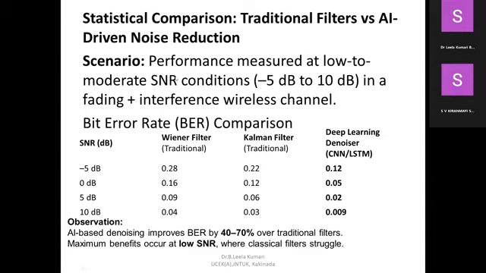So here, the performance is measured at low to moderate signal to noise ratio conditions, from minus 5 dB to 10 dB in a fading, interference wireless channel.